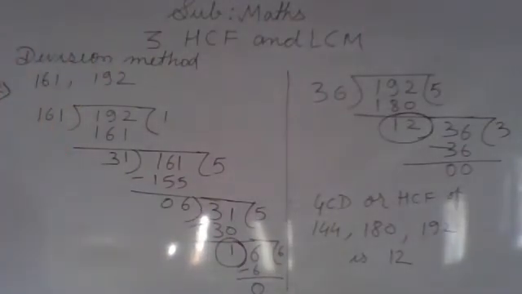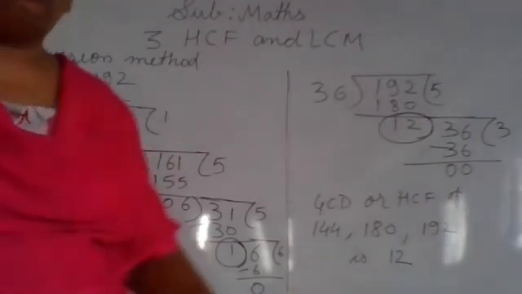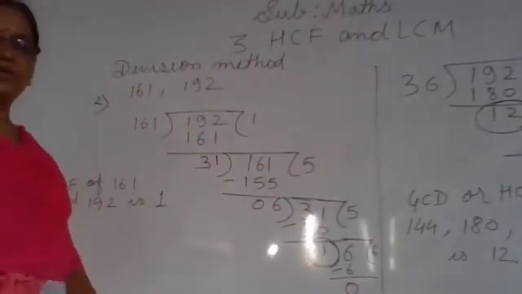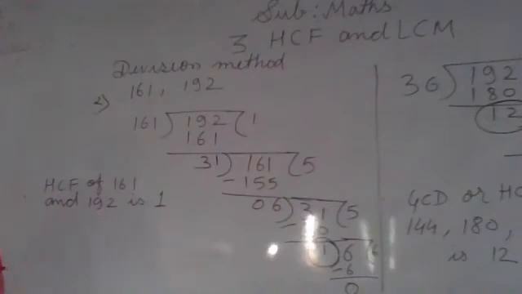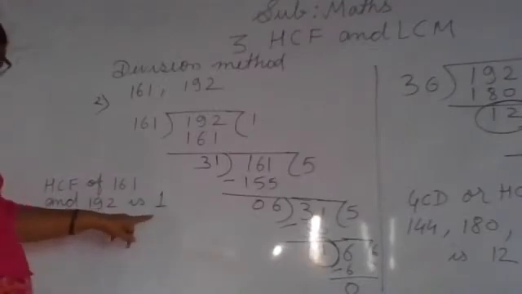Therefore, HCF of 161 and 192 is 1. See beta, remember the HCF of any two prime numbers is 1. So here 161 and 192 are co-prime numbers. That's why their HCF is 1.